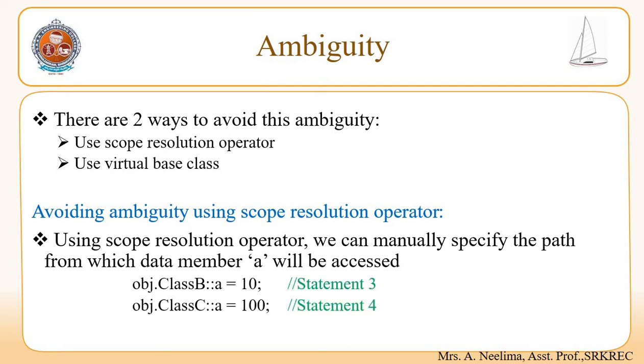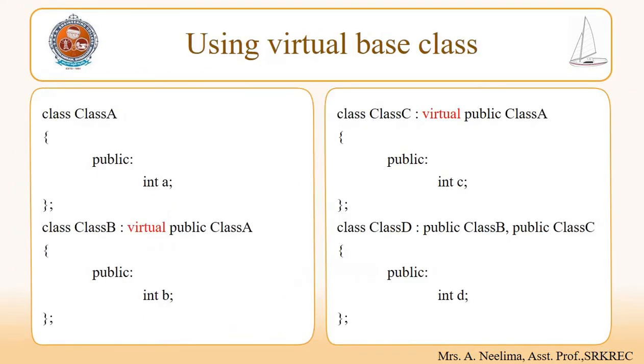By writing these two statements, obj.B::a = 10 and obj.C::a = 100, by statements 3 and 4, you can avoid the ambiguity. But still there will be two copies of it. Now you can also avoid ambiguity by using a virtual base class.